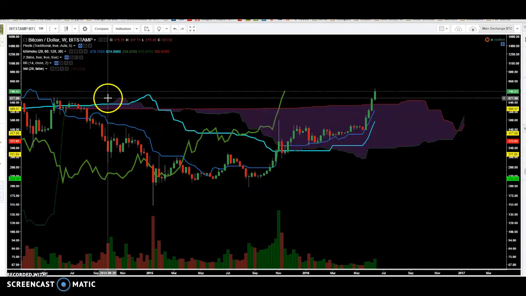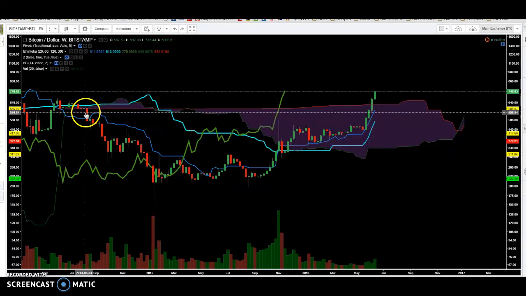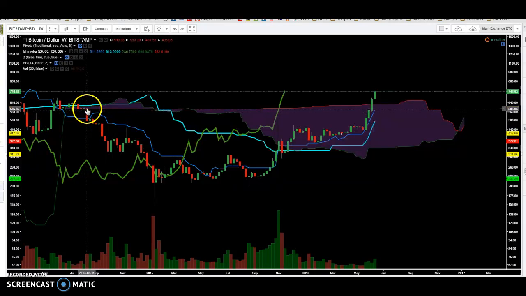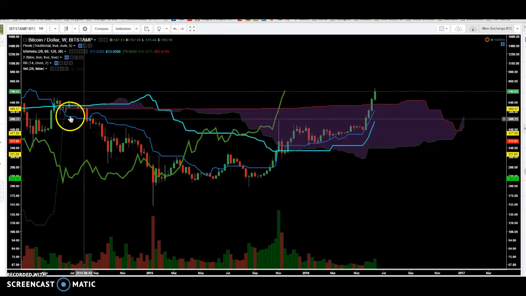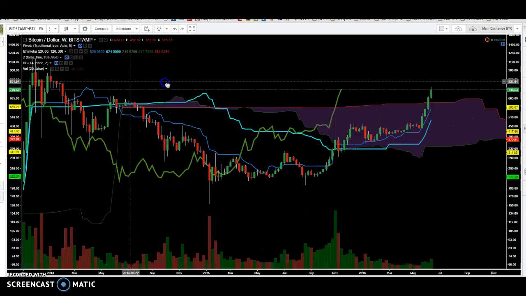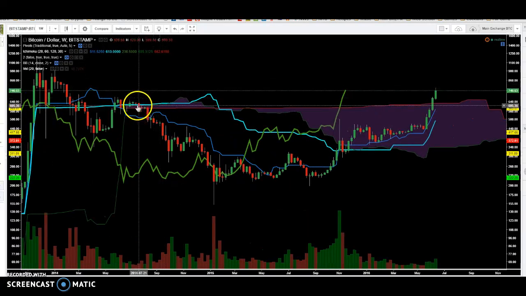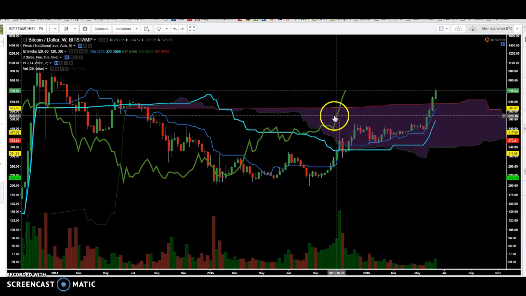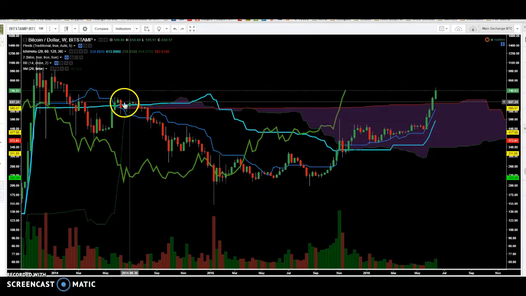So back in August, we had a candle which closed below the cloud. That was your Kumo, or that was your cloud entry. Another entry signal based on the cloud is the TK cross, or the Tenkan-sen and Kijun-sen.